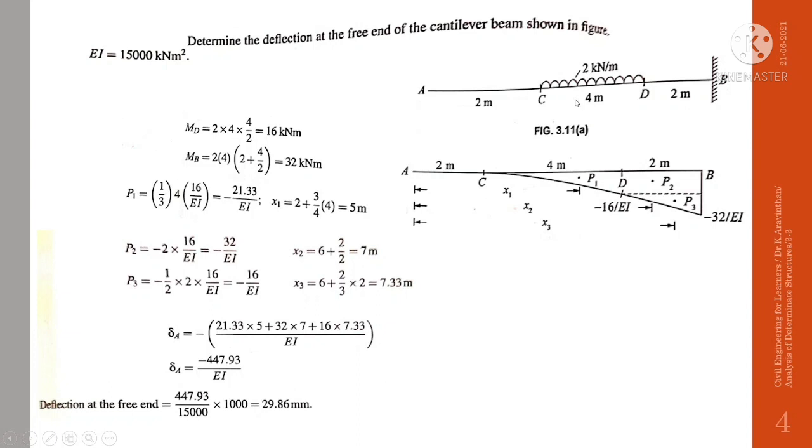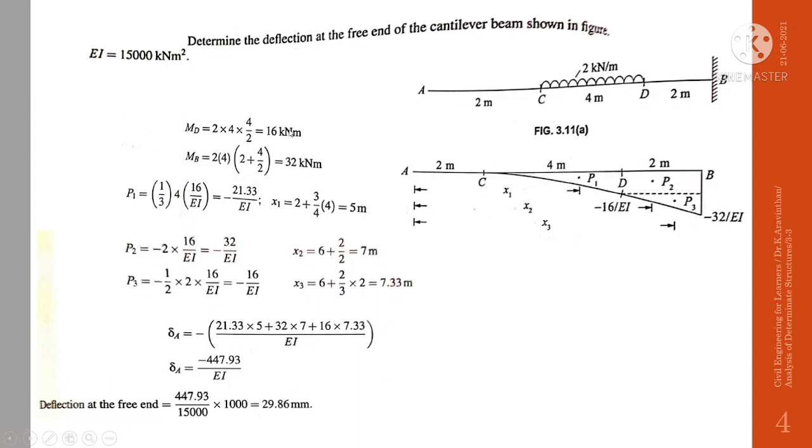So let us find the solution. Here the EI is given, and let us first find the bending moment diagram. Let us take the bending moment at B. There will be only one diagram due to one load. To find the bending moment, the UDL formula is load into distance by 2. So load is 2 kilonewton, distance is 4, into 4 by 2.